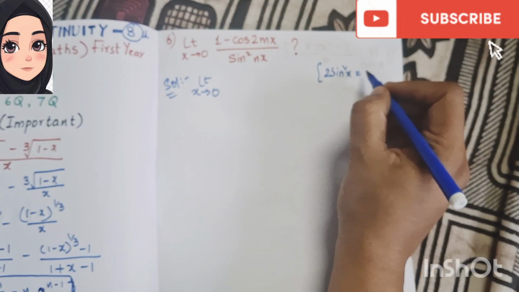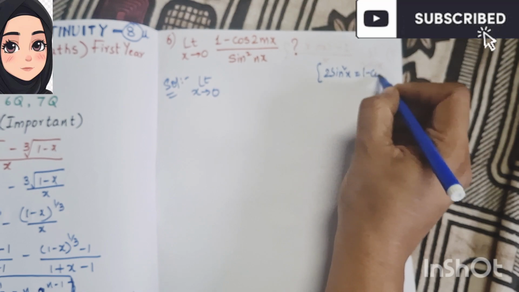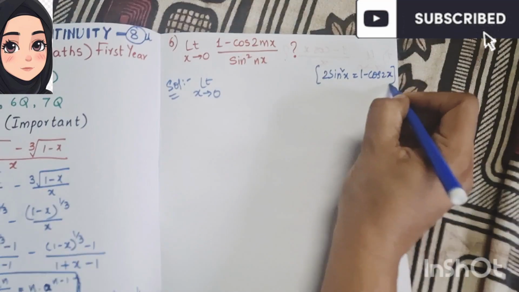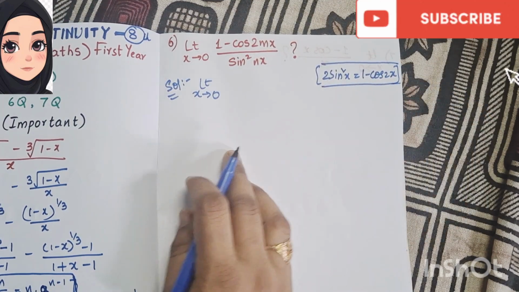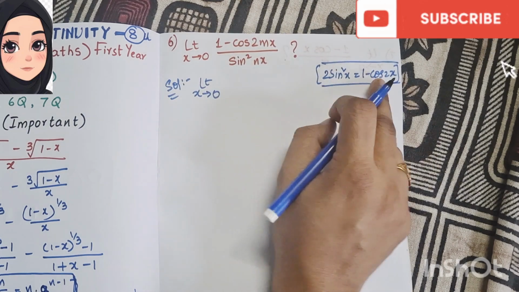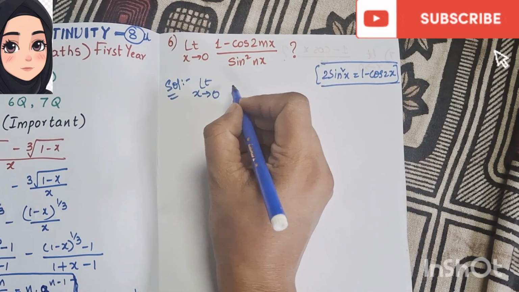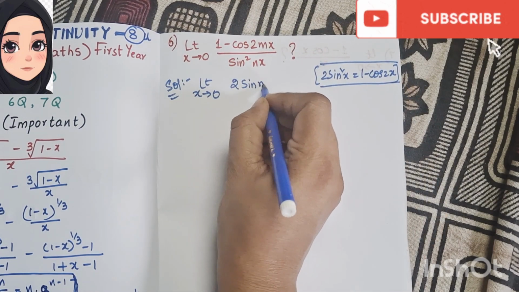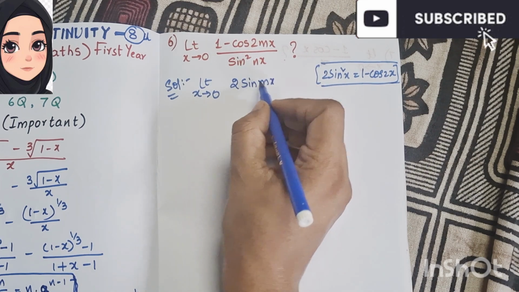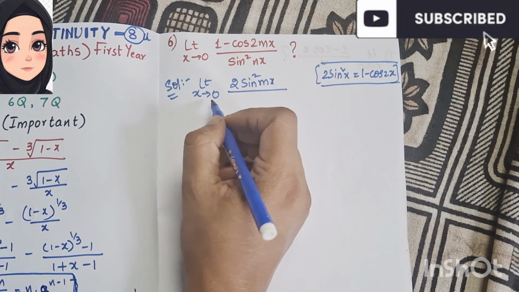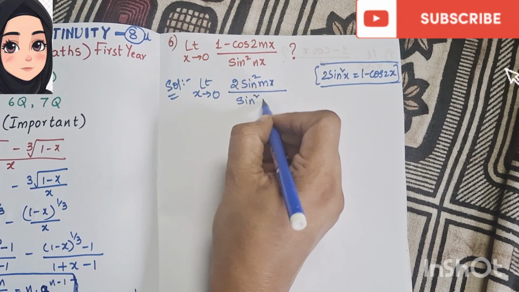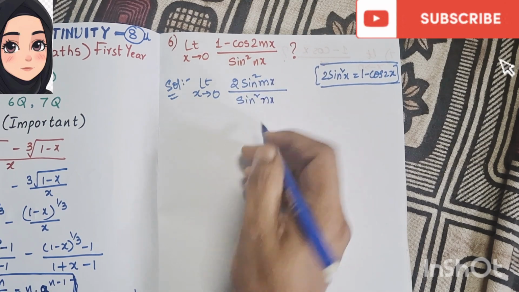So the formula is 2 sin square x equals 1 minus cos 2x. But we have 2mx here, so 1 minus cos 2mx is 2 sin square mx. I can write it as 2 sin square mx by sin square nx. Already we have the denominator sin square nx.